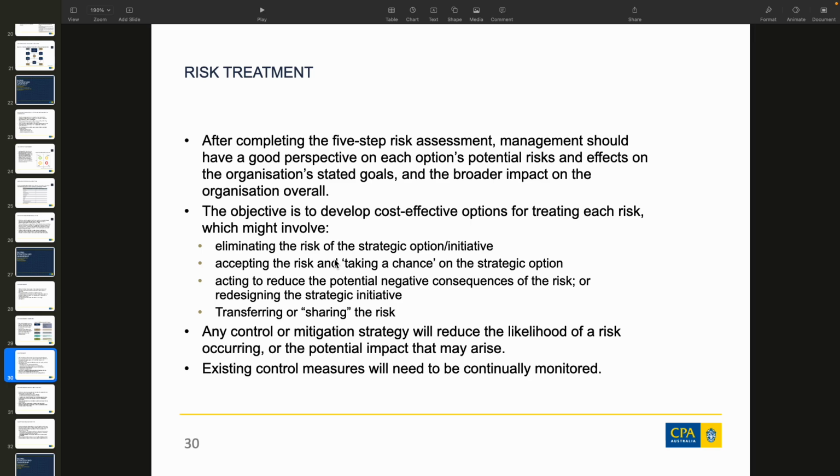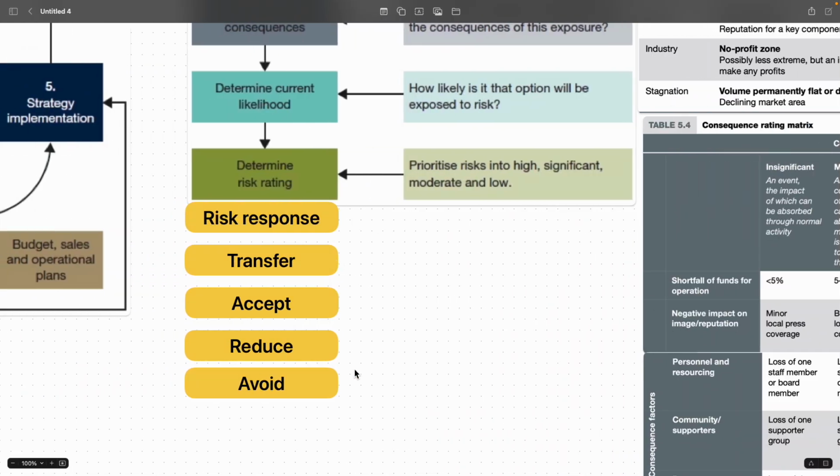Any control or mitigation strategy will reduce the likelihood of the risk occurring or the potential impact that may arise. So if you talk about reduction, reduction is where controls come in. Got it? So all of this is the zone of control.